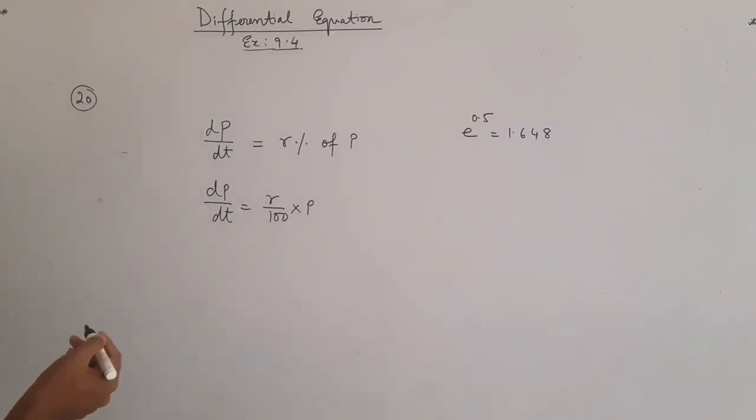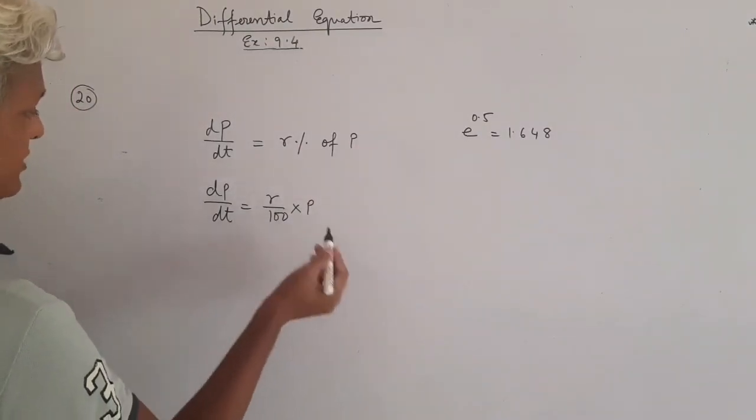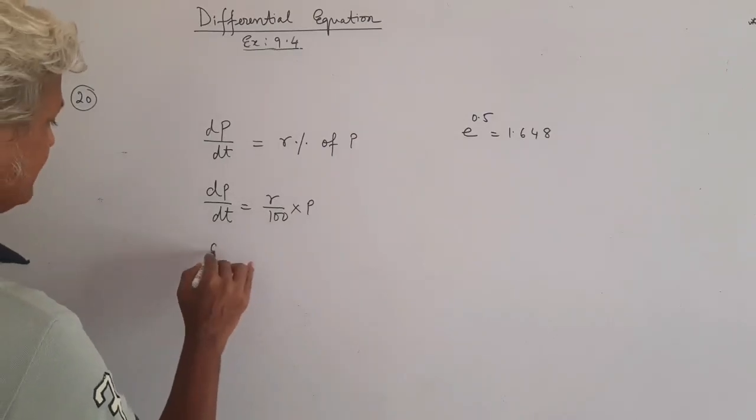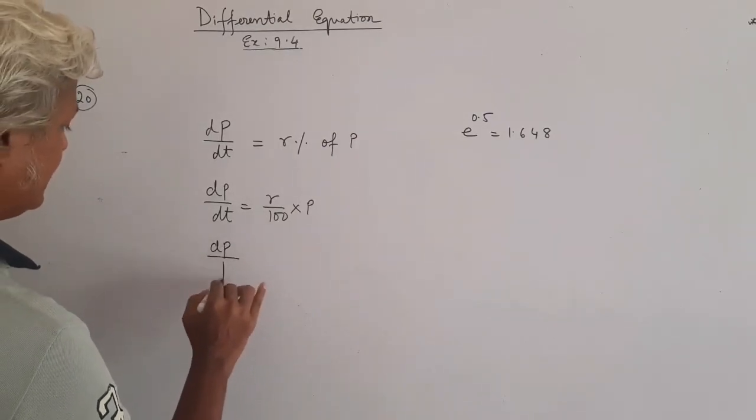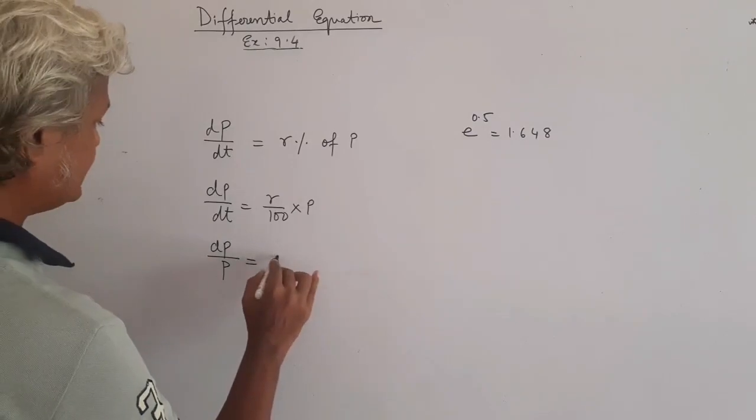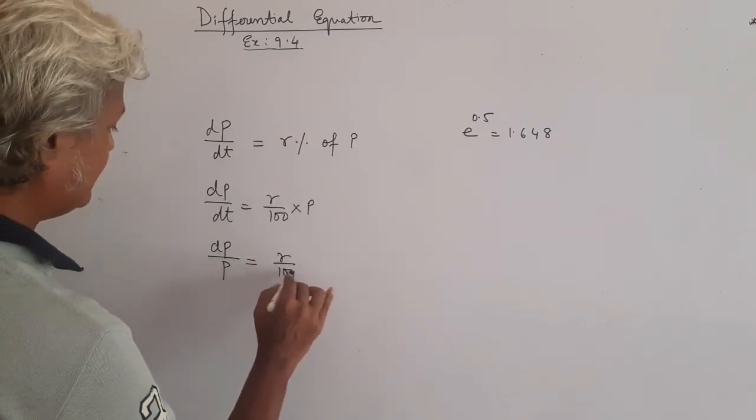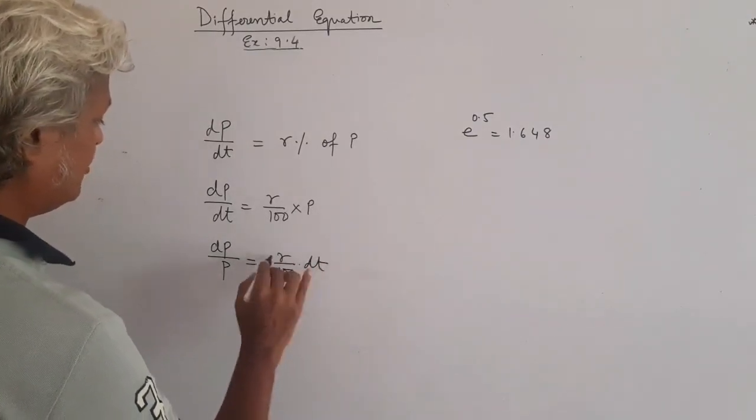Now solve by using the method of separation of variables. We write dP upon P is r by 100 into dt.